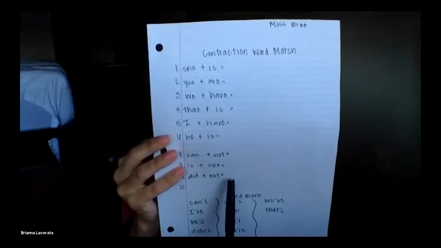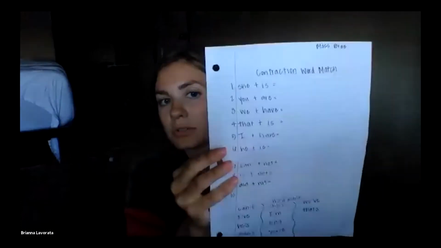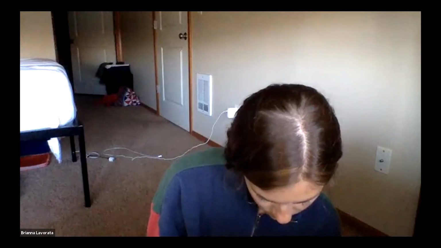Just like this. Did plus not equals. And number 10, you're going to write I plus am equals. Great. This is what your paper should look like all together.